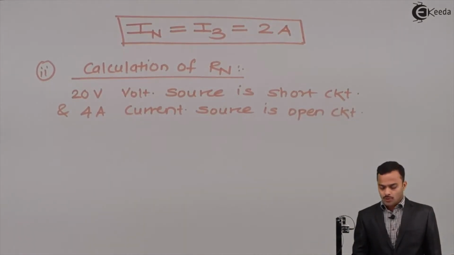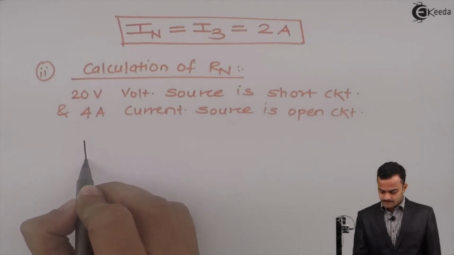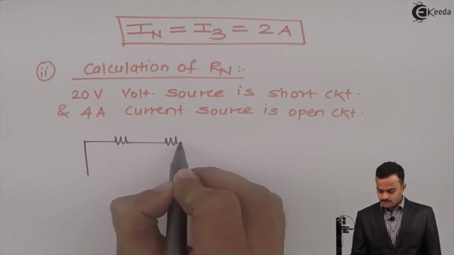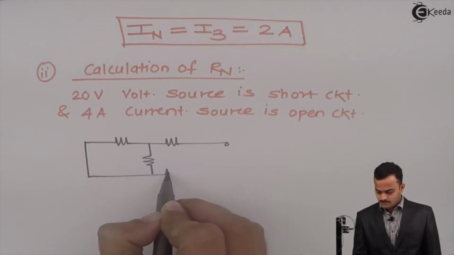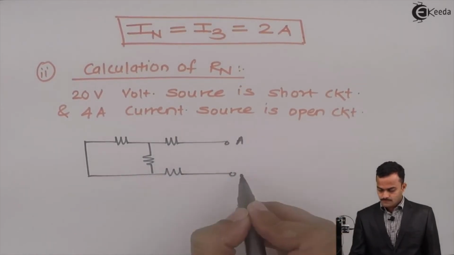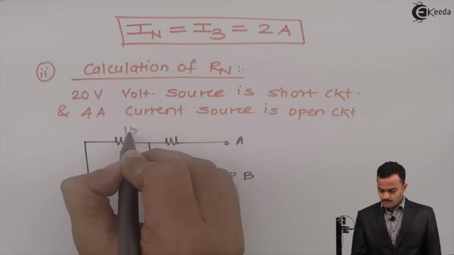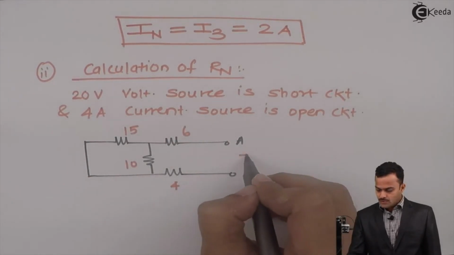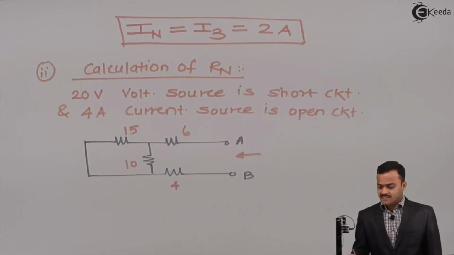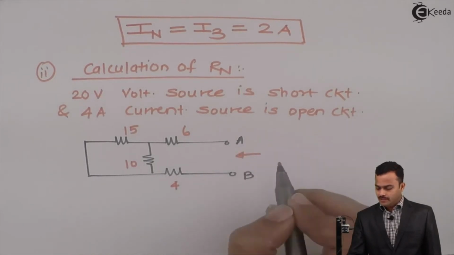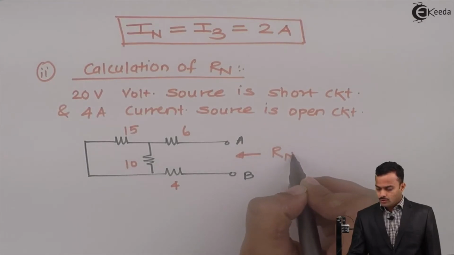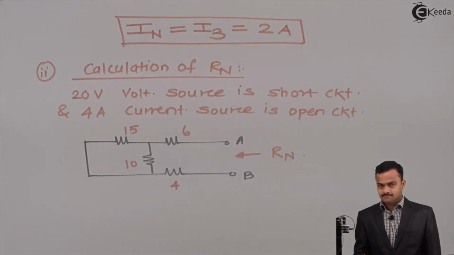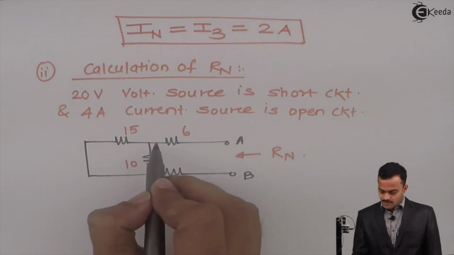If I consider these modifications, the original circuit will look like this. For this circuit, we are supposed to find the equivalent resistance between points A and B, which will be our Norton's resistance Rn. So it's very simple now.